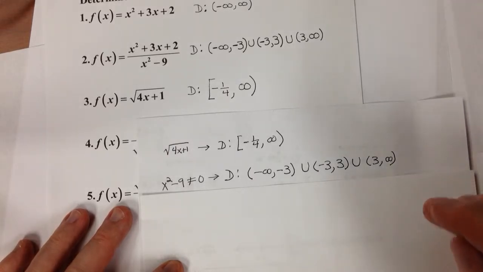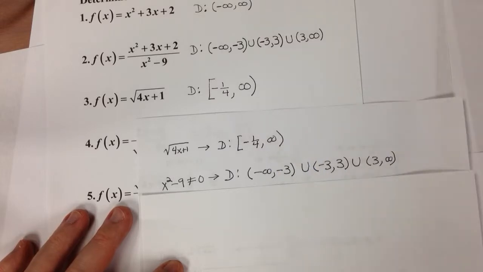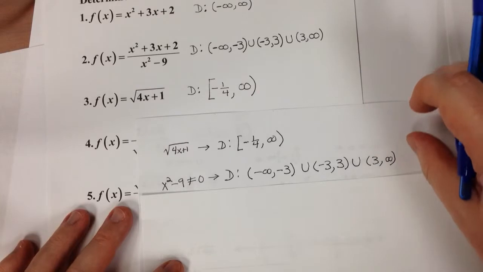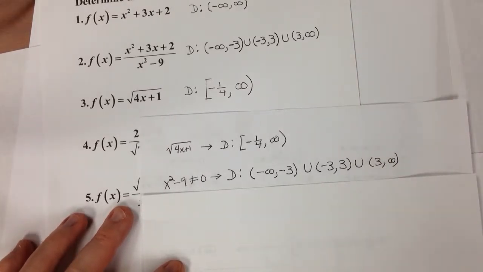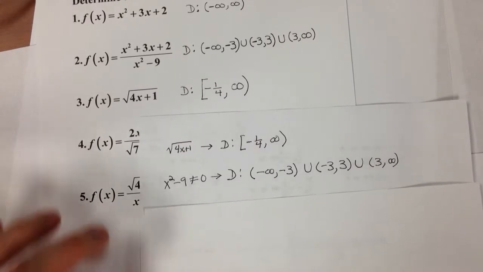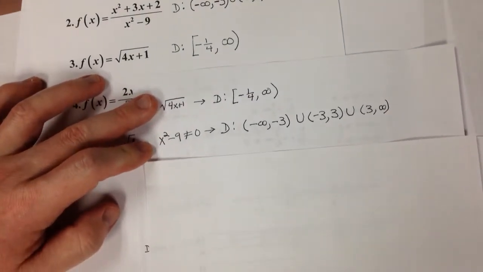Now, in looking at the set of values that will belong to both of these domains, and thus the result for number 5, I have laid out some graphs regarding the domains of both the square root of 4x plus 1 as well as that which disallows x squared minus 9 from being equal to 0.